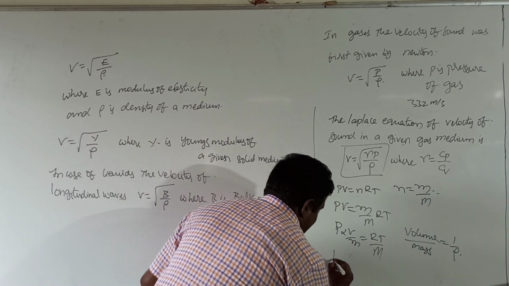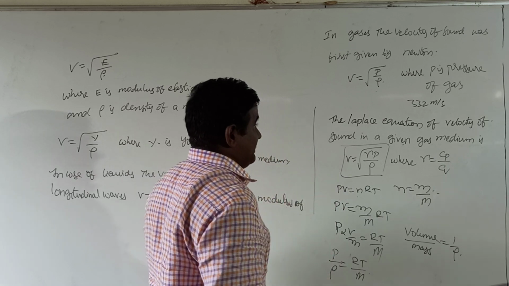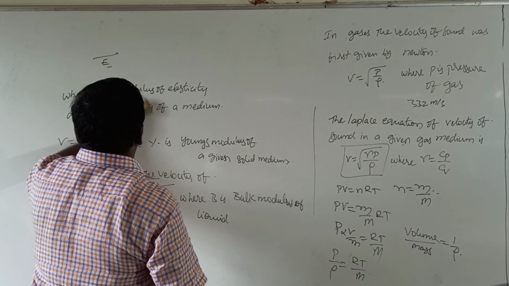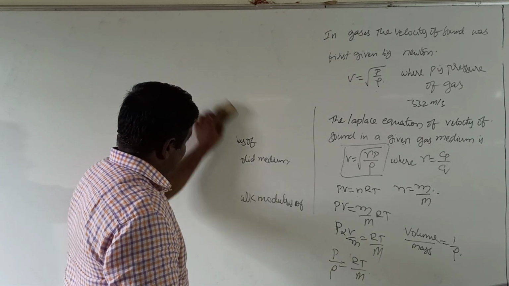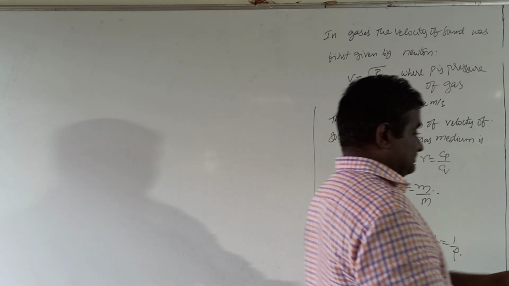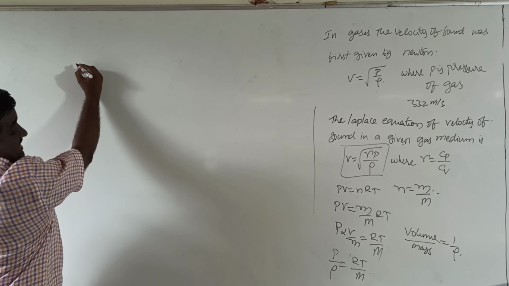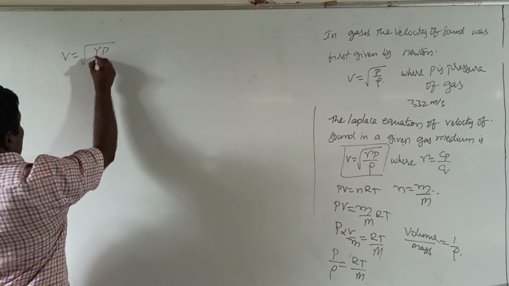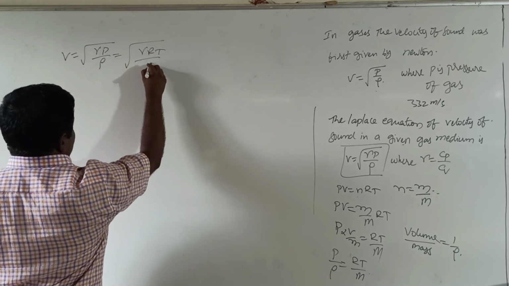Then P by rho equal to RT by M. Then Newton's Laplace equation of velocity of sound becomes v equal to root over gamma P by rho equal to root over gamma RT by M.